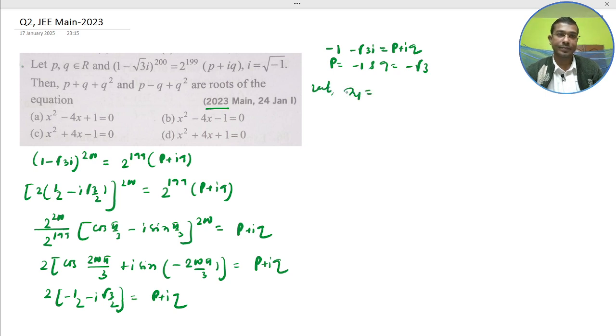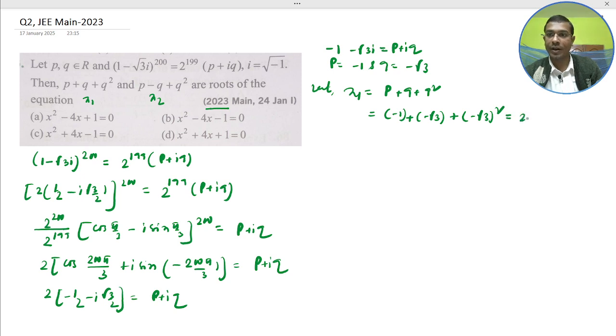So let x1 be the root such that p plus q square. Just calculate this result: minus 1 plus (minus root 3 plus minus root 3 whole square). This would be 2 minus root 3.